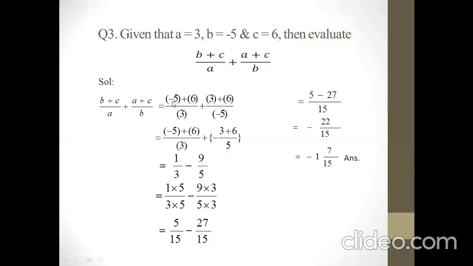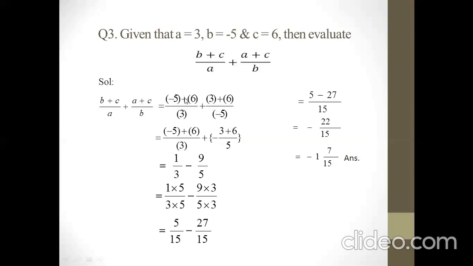Now for b we have minus 5, plus for c we have 6, in the denominator we have a, which means we have 3, again plus sign, then in the second term we have numerator a plus c, a is 3 plus c is 6, and in the denominator we have b, now b is negative 5, right?